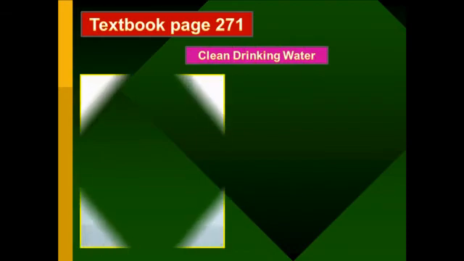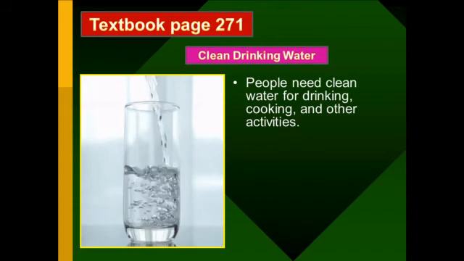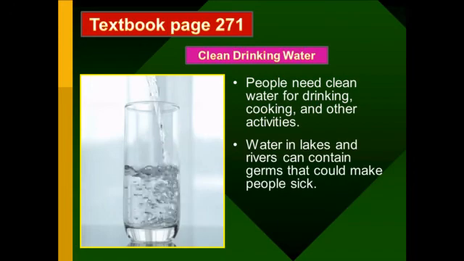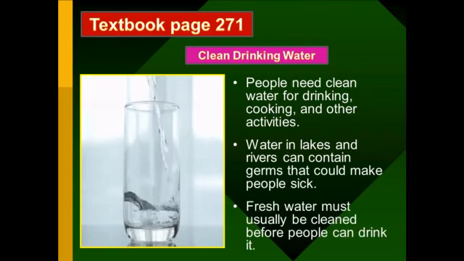Clean drinking water. People need clean water for drinking, cooking, and other activities. Water in lakes and rivers can contain germs that could make people sick. Fresh water must usually be cleaned before people can drink it.